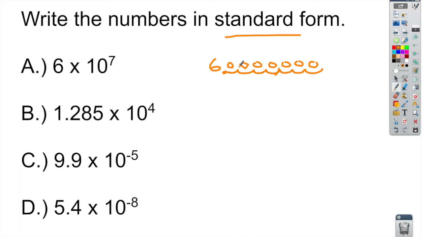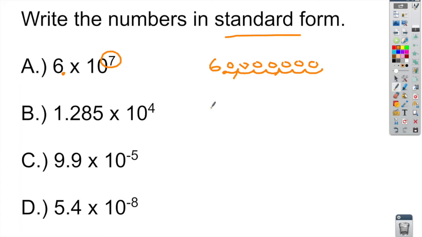Okay, which means the original standard form number was 60 million. So take your number, figure out where the decimal is, and then shift the decimal according to this exponent, with positive exponents representing really large numbers and negative exponents representing really small numbers. And that'll tell you which way to move the decimal.